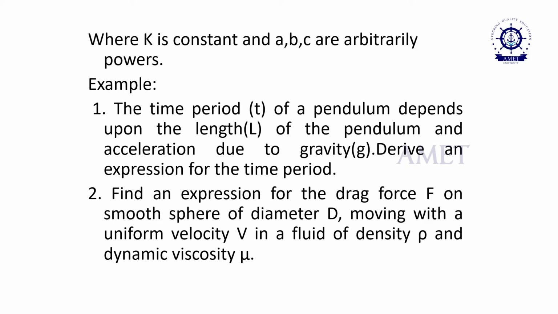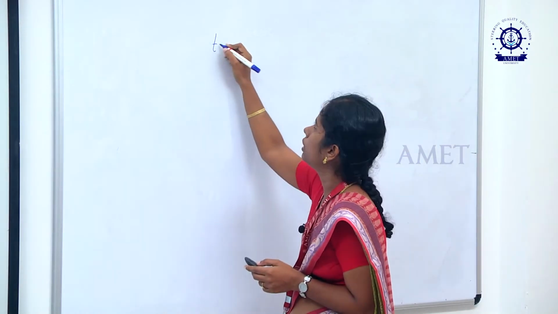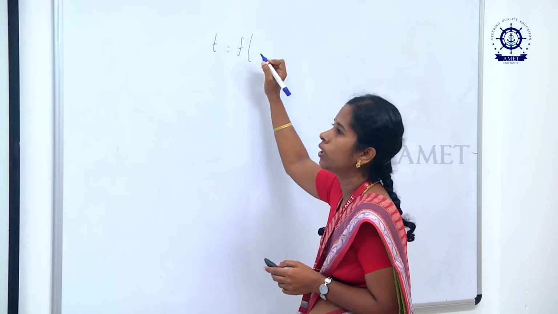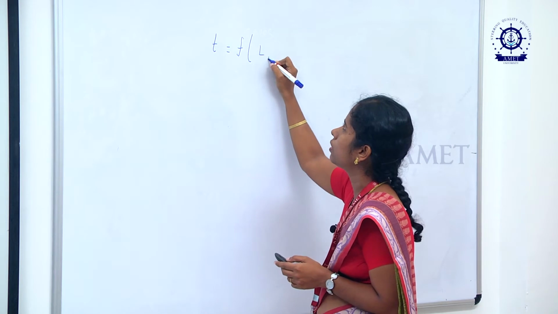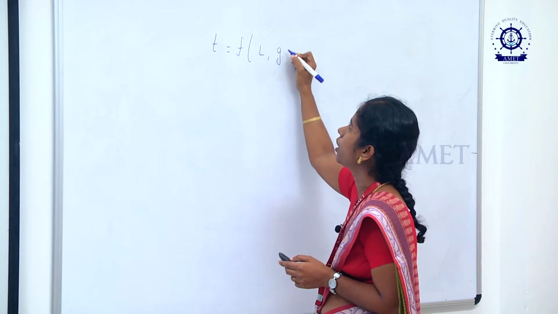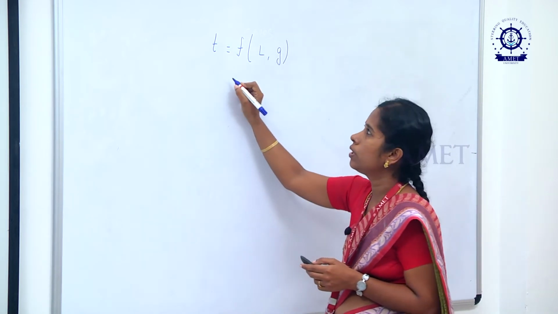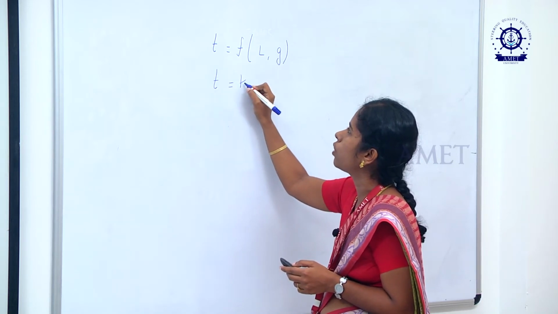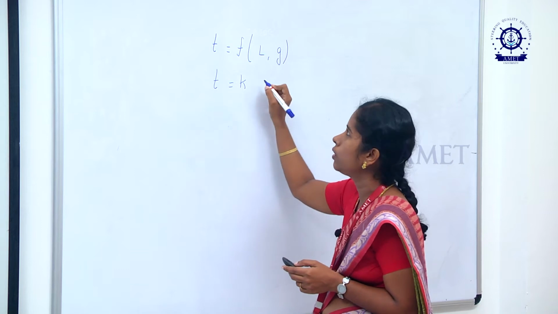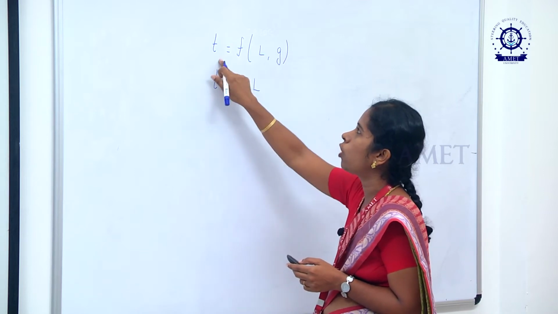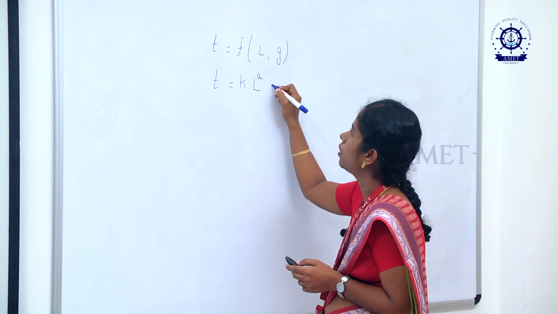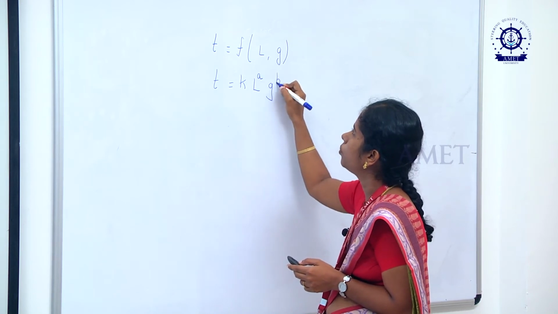So, first you say the time period is dependent on length and acceleration due to gravity, so it will be g. Next step, time period is dependent on, I introduce a constant, and I do not know in what way it is dependent. So, I write L power a, g power b.